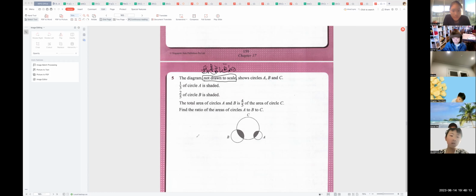Okay, everybody, your turn. 跟刚刚那道题目很像嘛，对不对？1/3A plus 2/5B equals what?